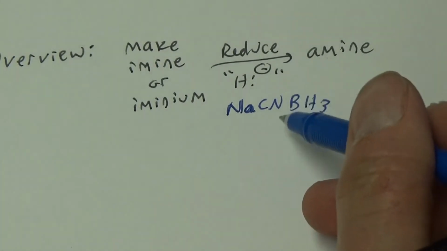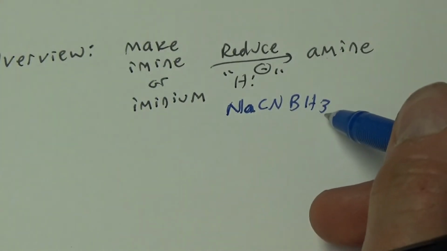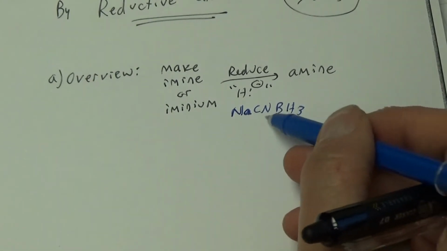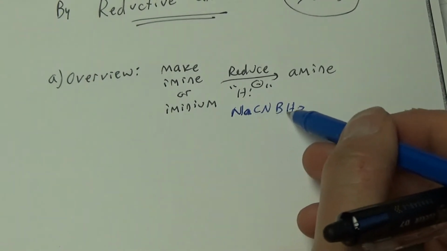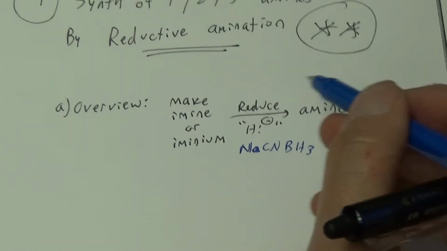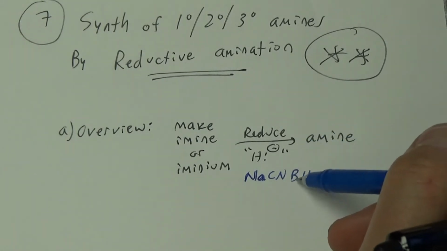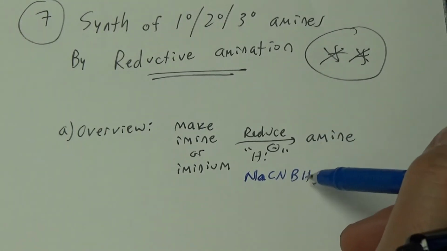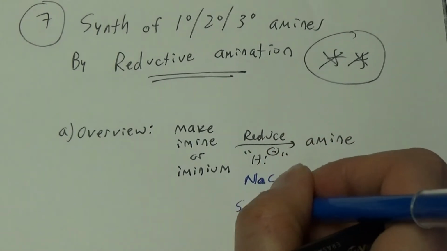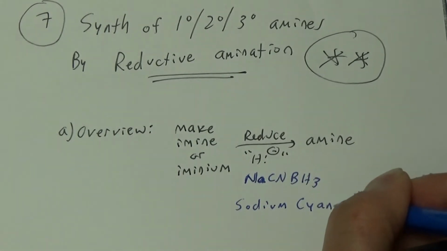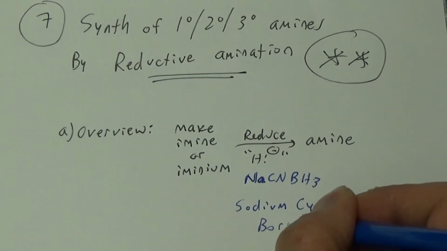It almost looks like NaBH4, which you should remember from Organic 1. But there's some reasons why this is actually ideal, and it works really well for this reductive amination concept. So we're going to see a lot of NaCNBH3, which is called sodium cyanoborohydride.